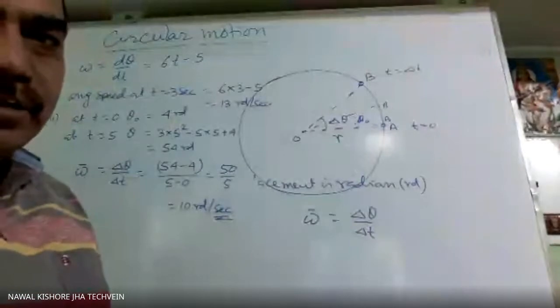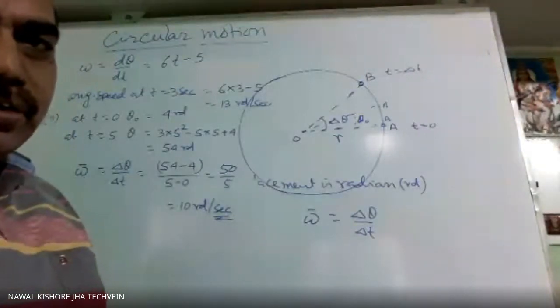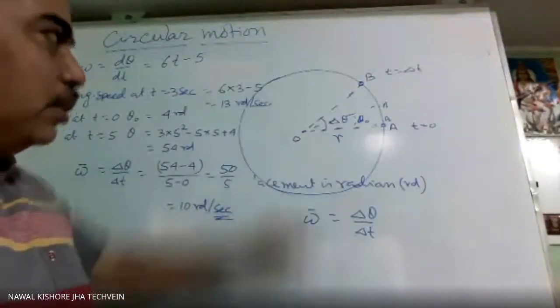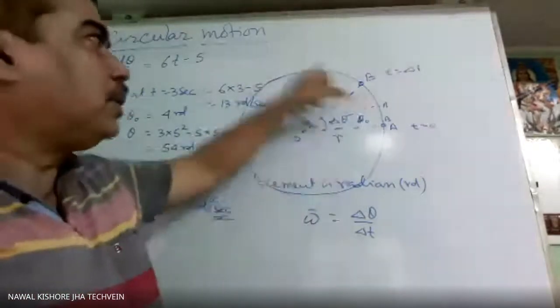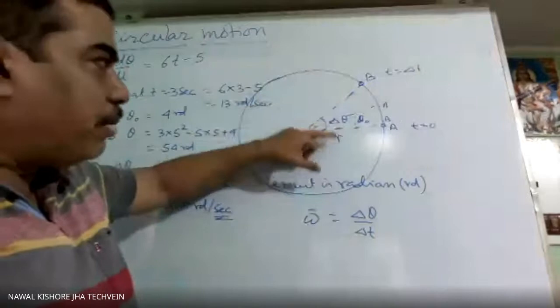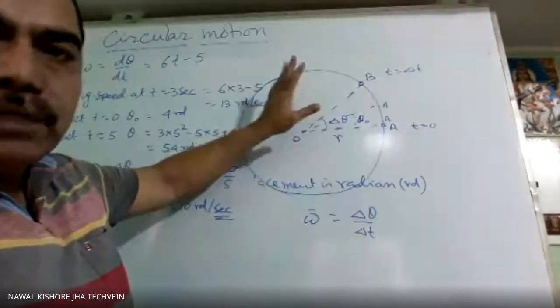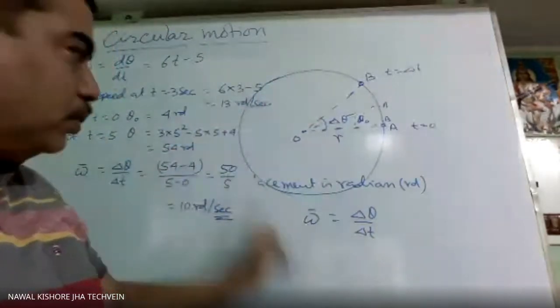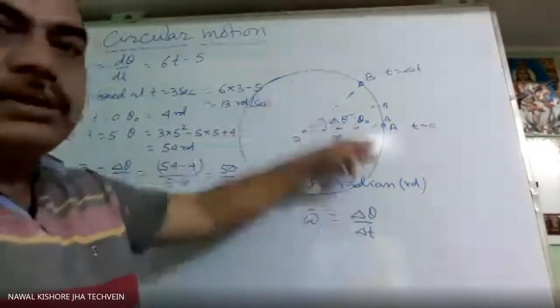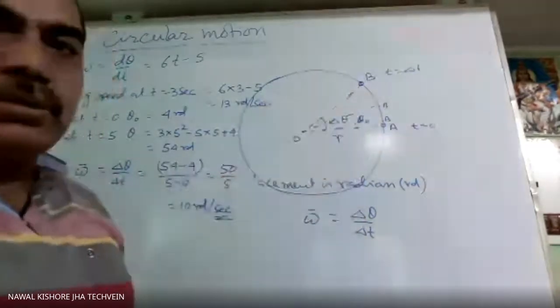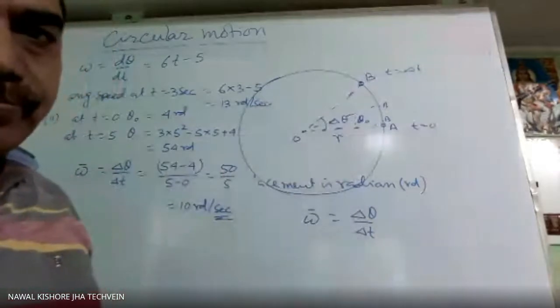After suppose 3-4 rotations, it has come to this place. From the reference line, whatever angle is coming, that is your theta 2. So delta theta is theta 2 minus theta naught, divided by the total time.